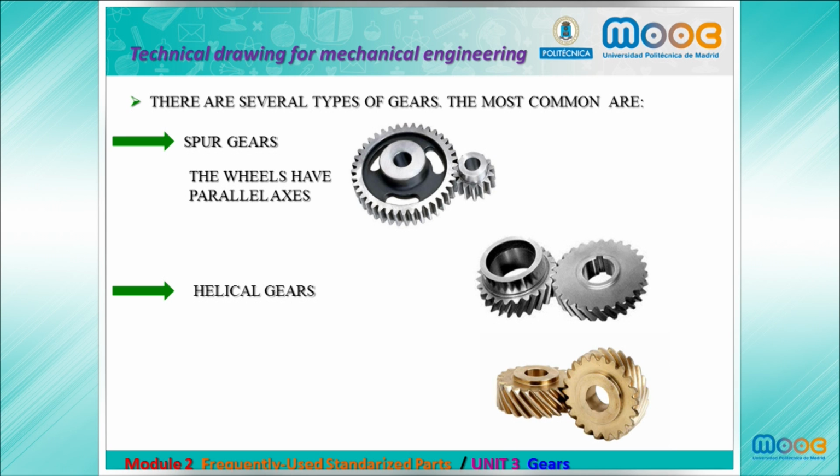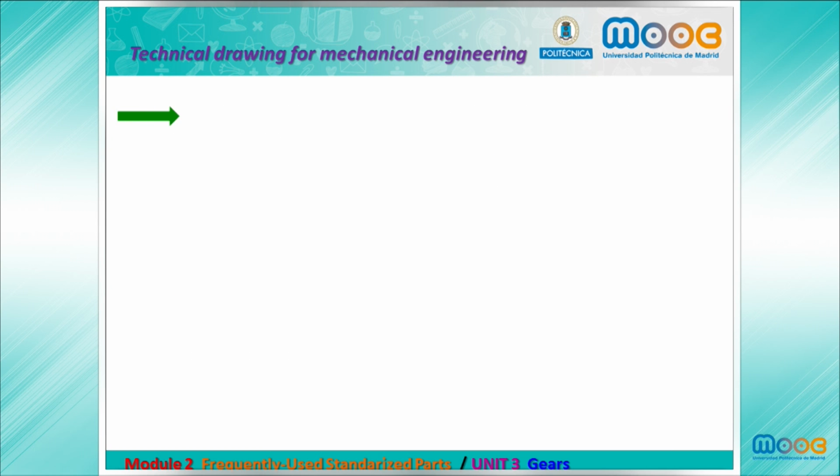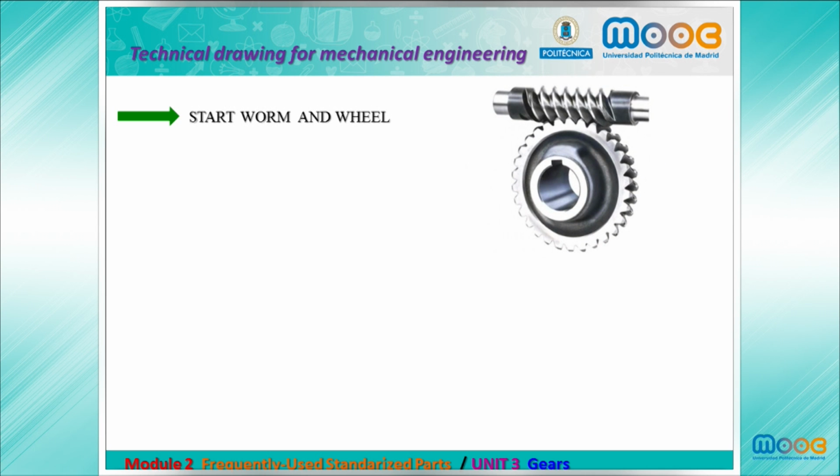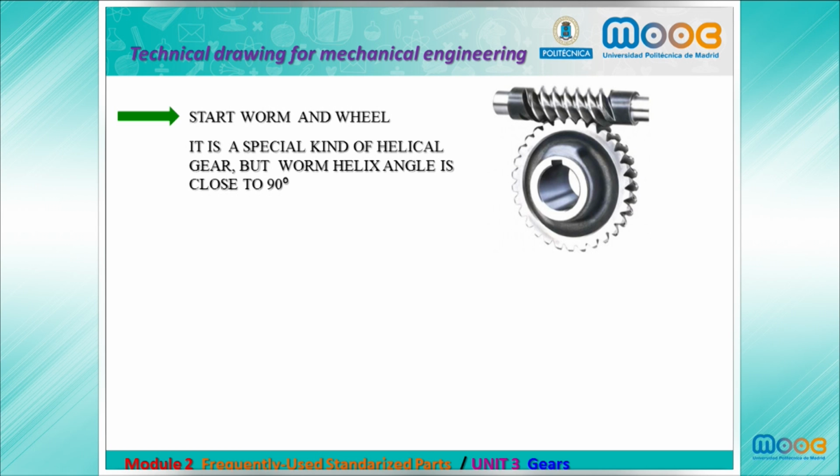Helical gears: the axes can be parallel or perpendicular, and the teeth have a helix shape. Worm and wheel is a special kind of helical gear, but the worm helix angle is close to 90 degrees.